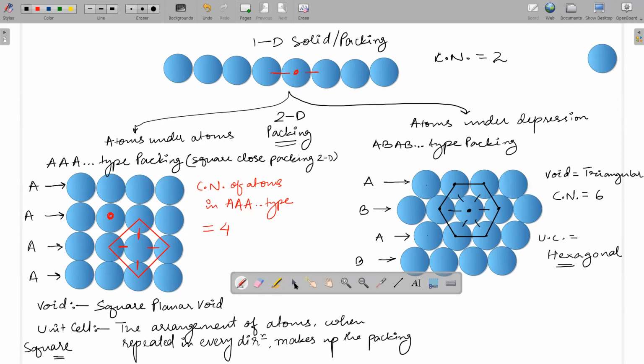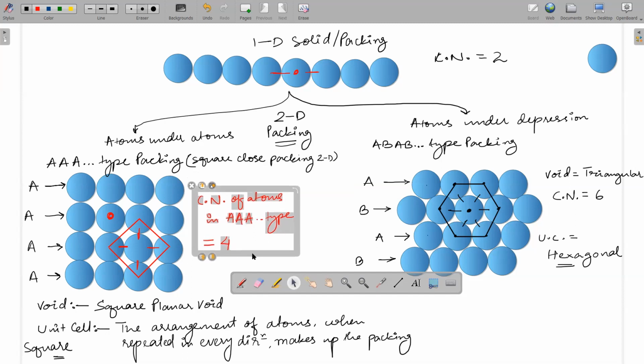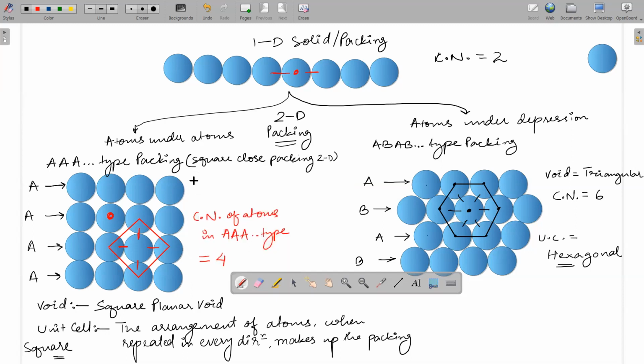We also write this square close packing in 2D as SCP in bracket 2D. And this will be hexagonal close packing. So you can also write hexagonal close packing, and in short you can write HCP in 2D.